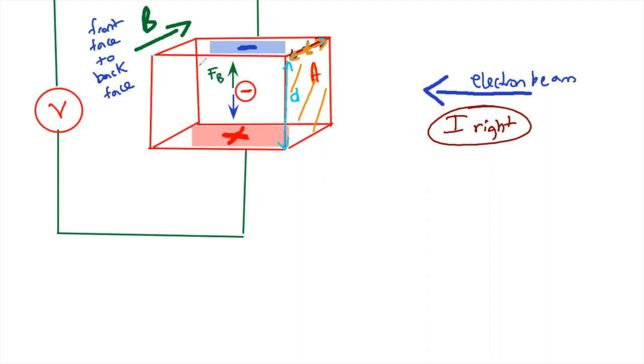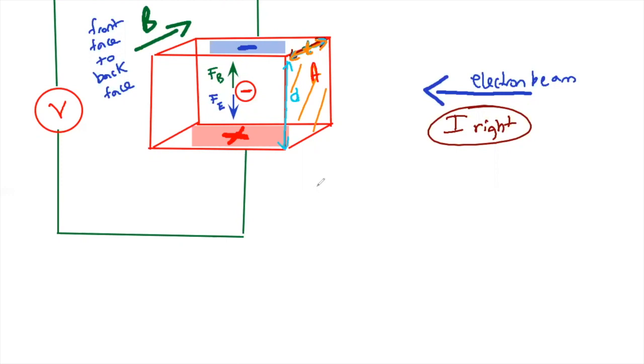But now, because there's a lot of electrons here and a lot of plus charge here, we have an electric field as well. So we have an electric force that is causing the electron to go downwards too. So now listen, there comes a point when this force becomes equal to this force.